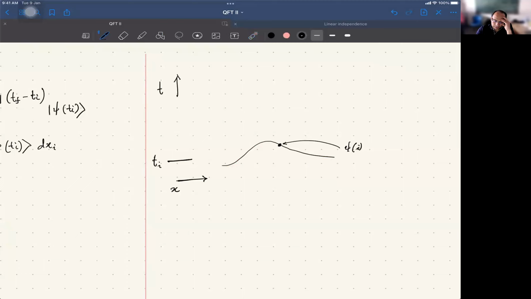Every such point will evolve in time and become a new wave function. And that wave function may look like something like this. This is psi f. Here also this is the x direction, at a particular time, say t_f.